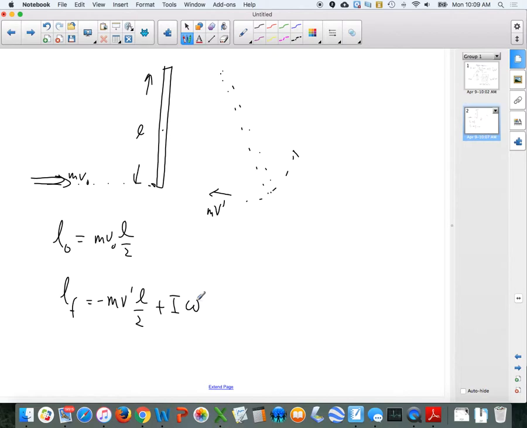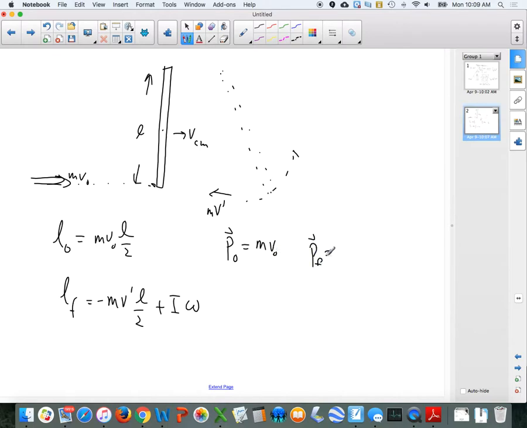But since this thing is not pinned, it's going to also have a v center of mass. So I also need to do linear momentum. So P0 is m v0.